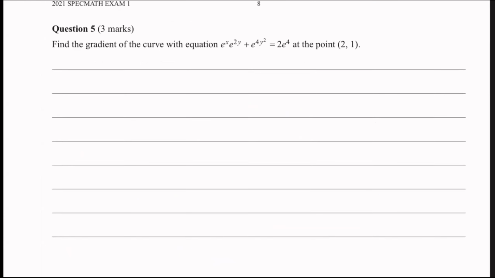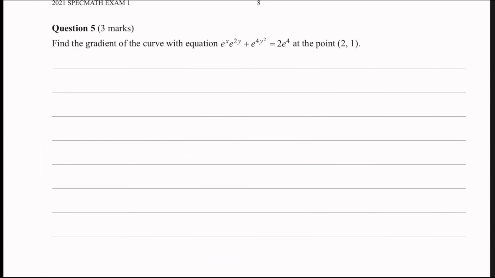Question 5. As usual, I will show a couple of different ways. Implicit differentiation, gradient of the curve at the point (2, 1). Firstly, I'm not going to differentiate the relation immediately. Instead, I'm going to write it like e to the power x plus 2y, plus e to the power 4y squared, equals 2e to the power 4.